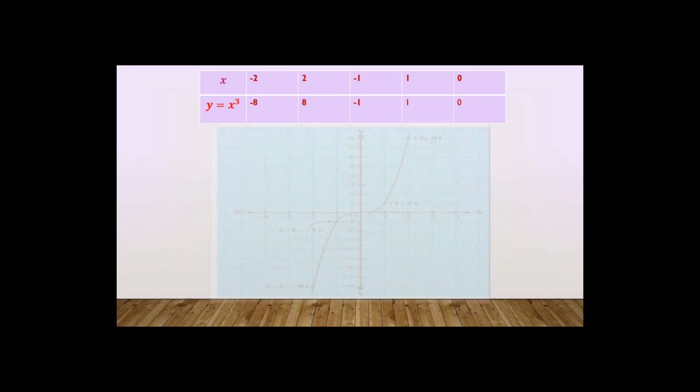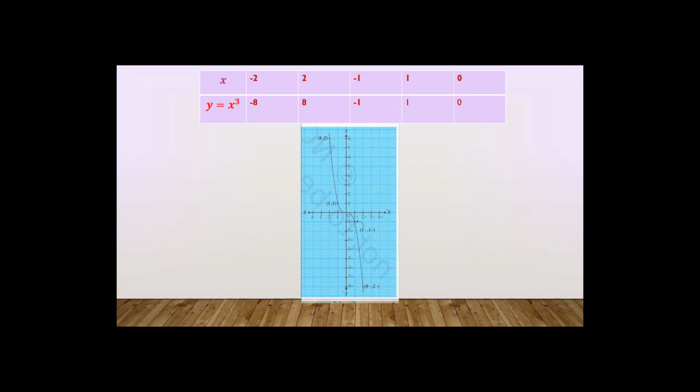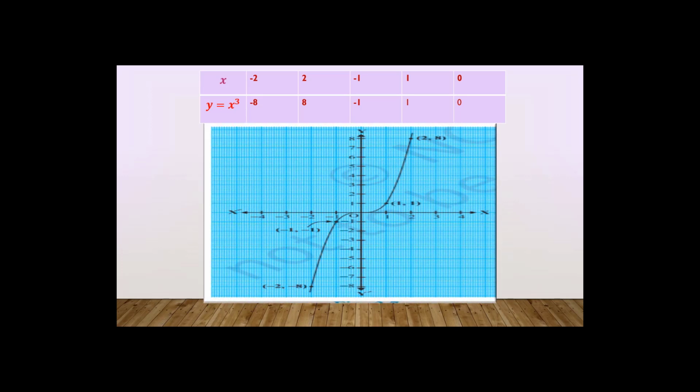So I got 5 values of y. And here comes the graph. In this graph, I have plotted the 5 points, which you can see on the screen. Now, in the next slide, we will understand how many zeros this cubic polynomial has.